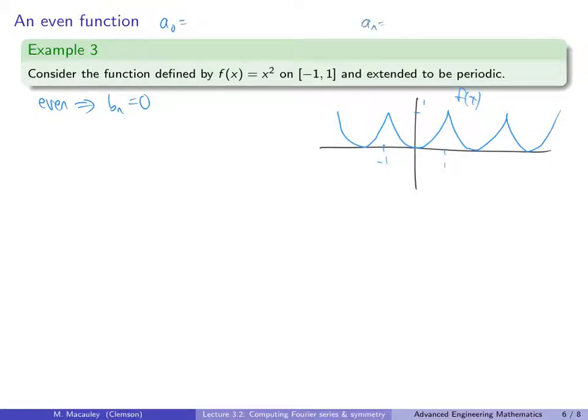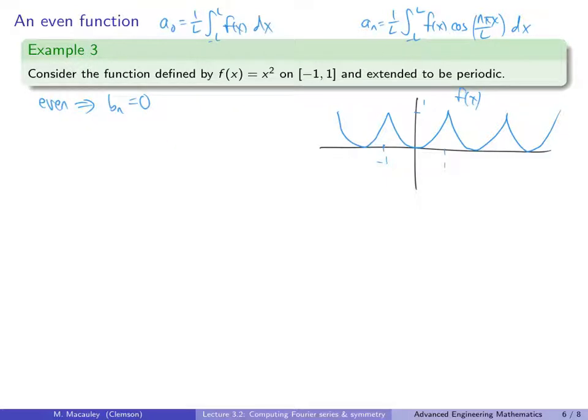So an is 1 over L, integral from negative L to L, of f of x times cosine of n pi x over L dx. And then a naught, the formula is the same thing. It's just take cosine of 0, which is 1. So you get the integral from negative L to L of f of x dx.